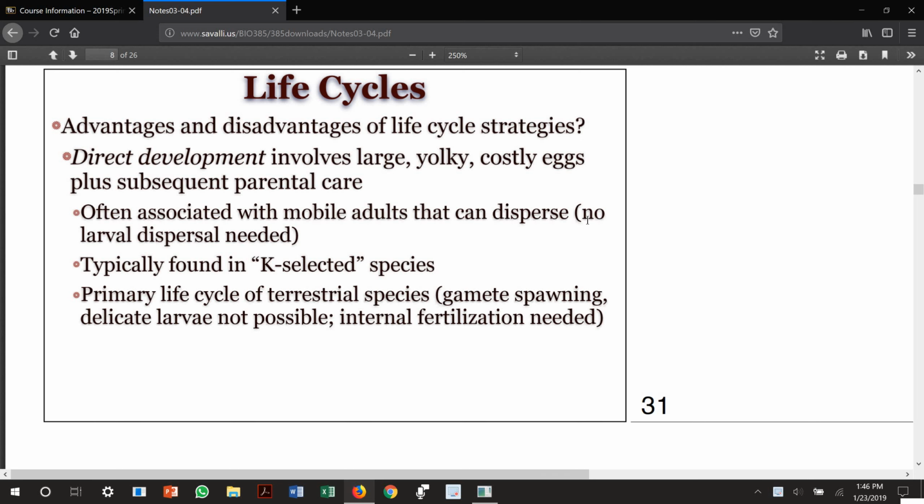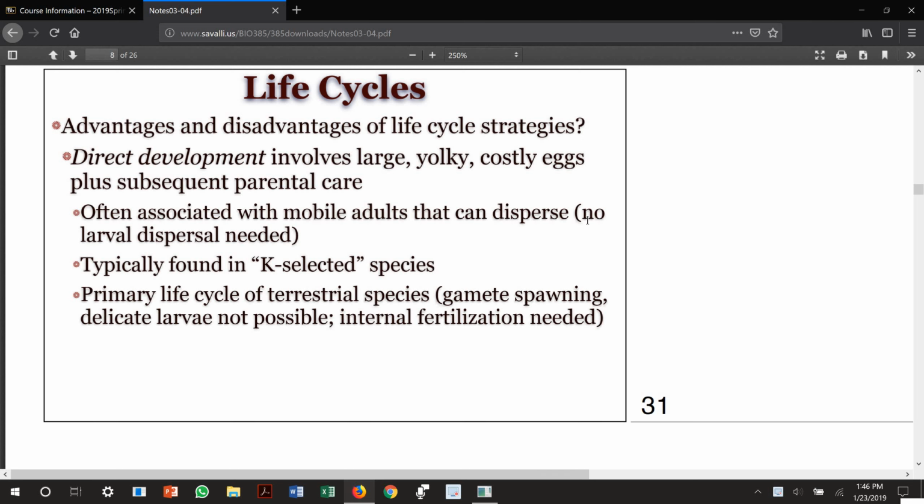And in fact, because you need to keep the eggs inside the female in most terrestrial species, you also need internal fertilization. So that's another feature that occurs in many marine animals, but also is pretty much a necessity for terrestrial species.